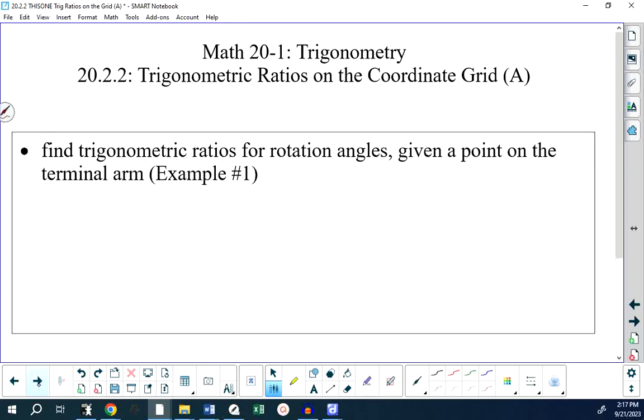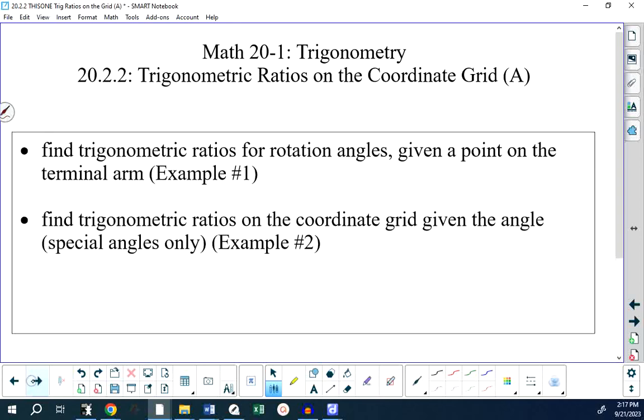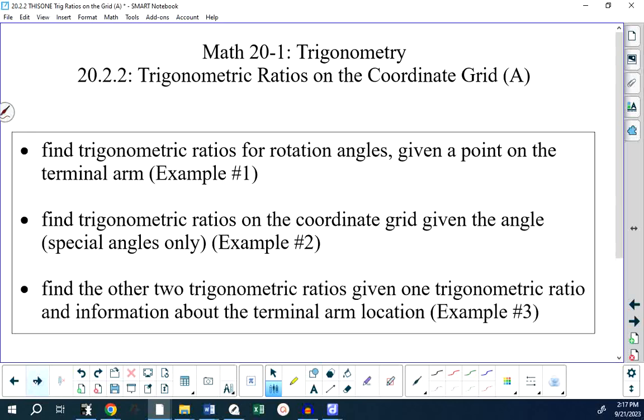Do this, it's like example 2. It will help you out. We're going to be finding trigonometric ratios if I give you the angle, and it's a special angle. And we're also going to be finding missing trigonometric ratios if I give you one trigonometric ratio and enough information.